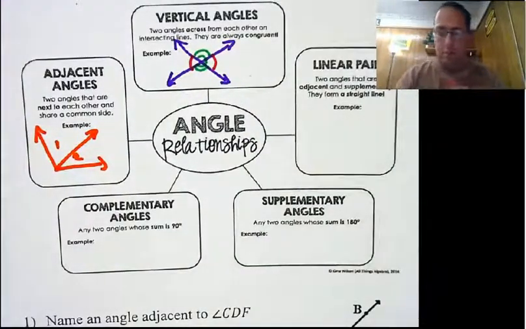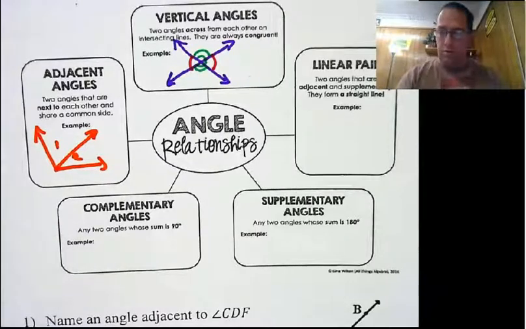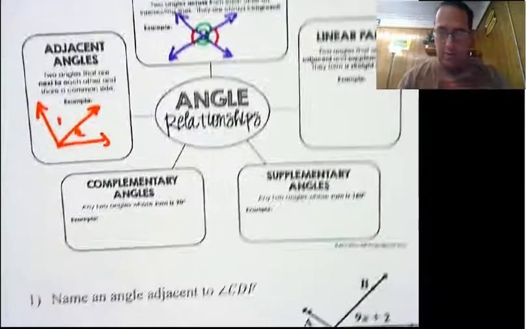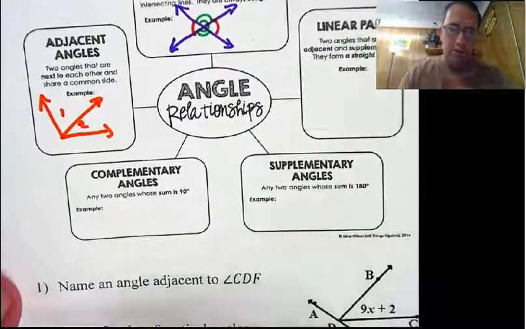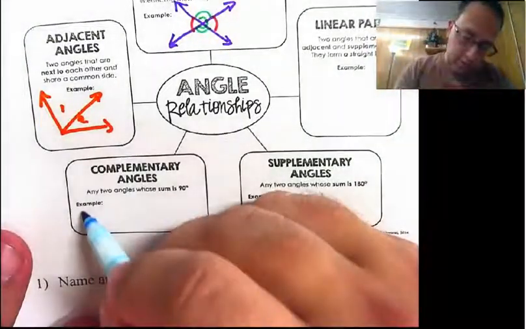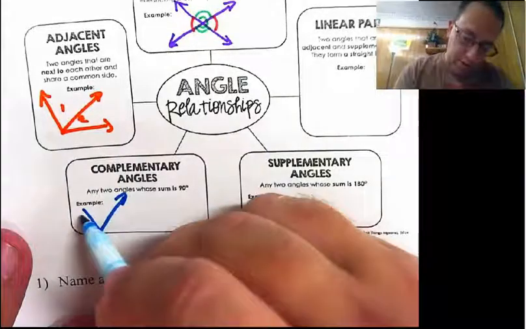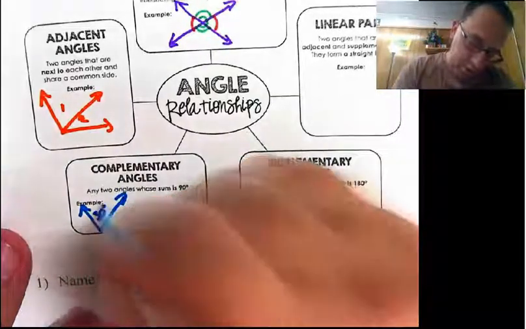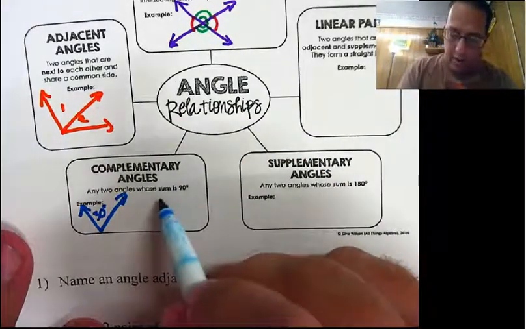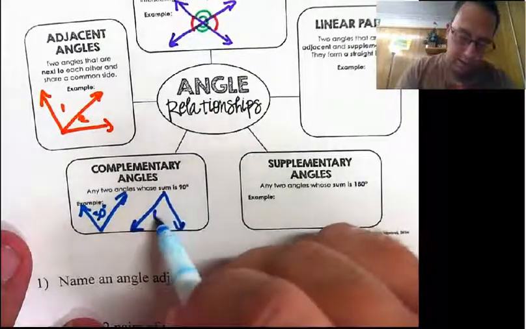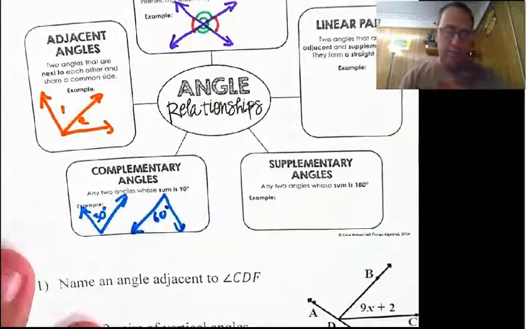Next, complementary angles. Complementary angles are angles that are just really nice, and they always tell you that you're pretty and everything else. No, that's not what these are. Complementary angles are two angles whose sum is 90 degrees. So for example, if I have an angle right here that measures, let's say, 30 degrees, and then I have an angle over here with a measure of 60 degrees.